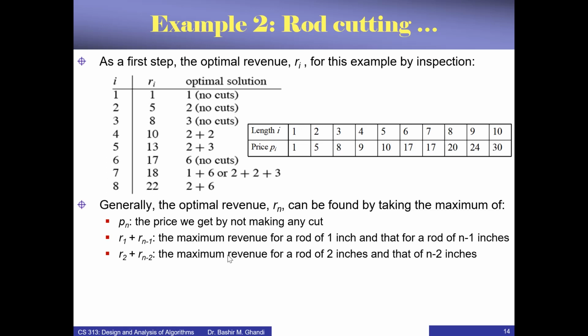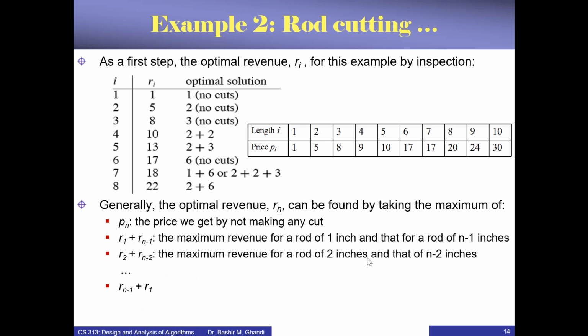Or cutting at the second point, inch 2 and the rest, which will be R2 plus Rn minus 2, and so on and so forth until we reach Rn minus 1 plus R1. So basically, these are the list of all possibilities of cutting the rod.